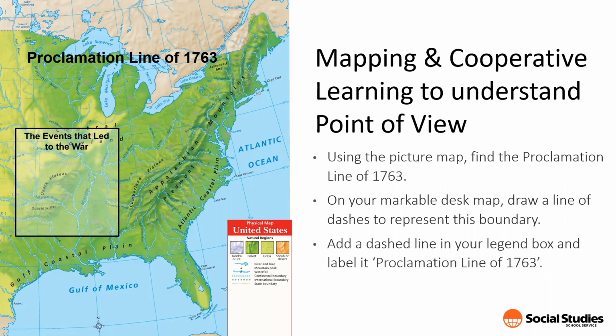So using the picture map, find the Proclamation Line of 1763. On the map, we will draw a dashed line to represent this boundary. This is what we would do on the physical desk map with the students. Then add a dash line in our legend and label it Proclamation Line of 1763.